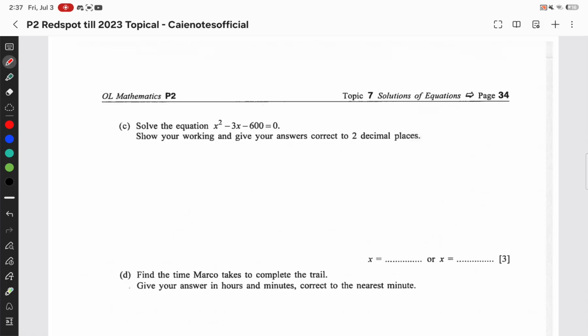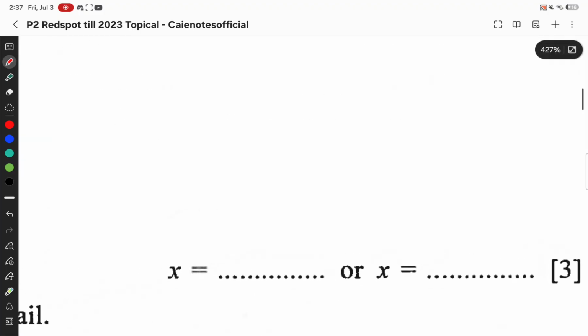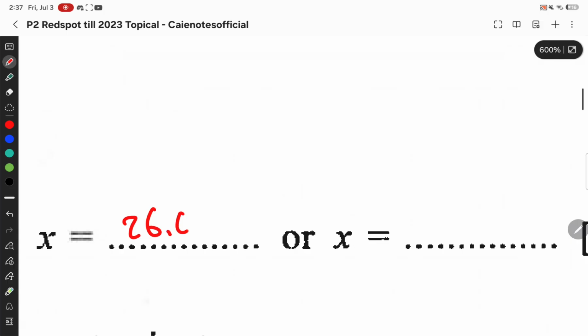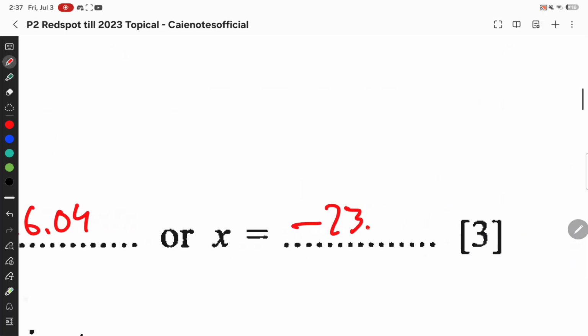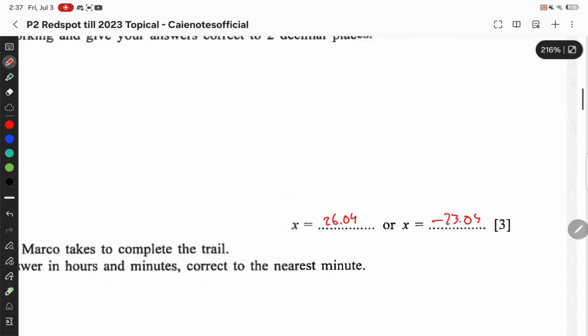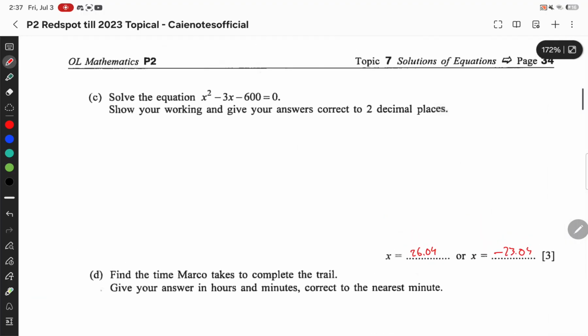A is 1, b is negative 3, c is negative 600, and we get x1 is equal to 26.04, right? Or negative 23.04. Now they will slap you because you haven't given your working.